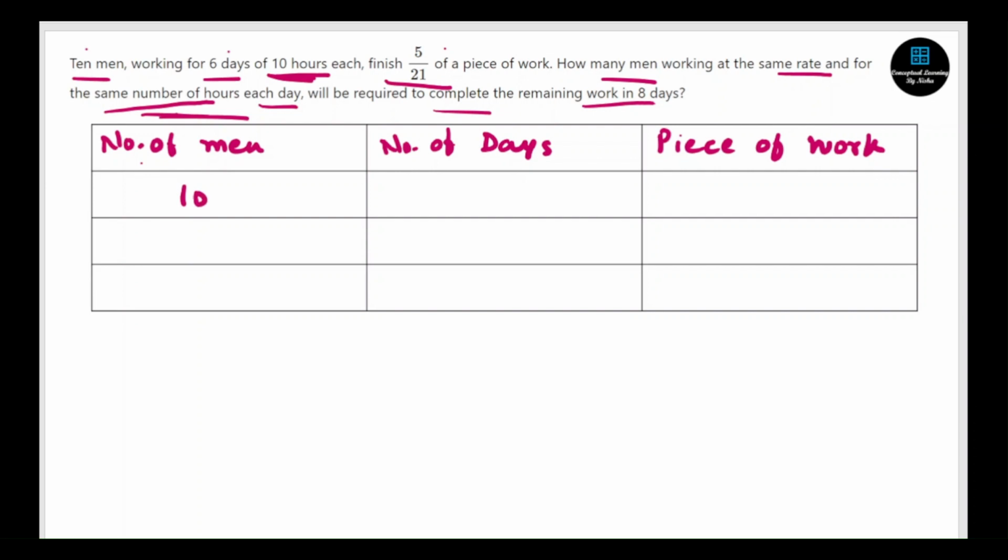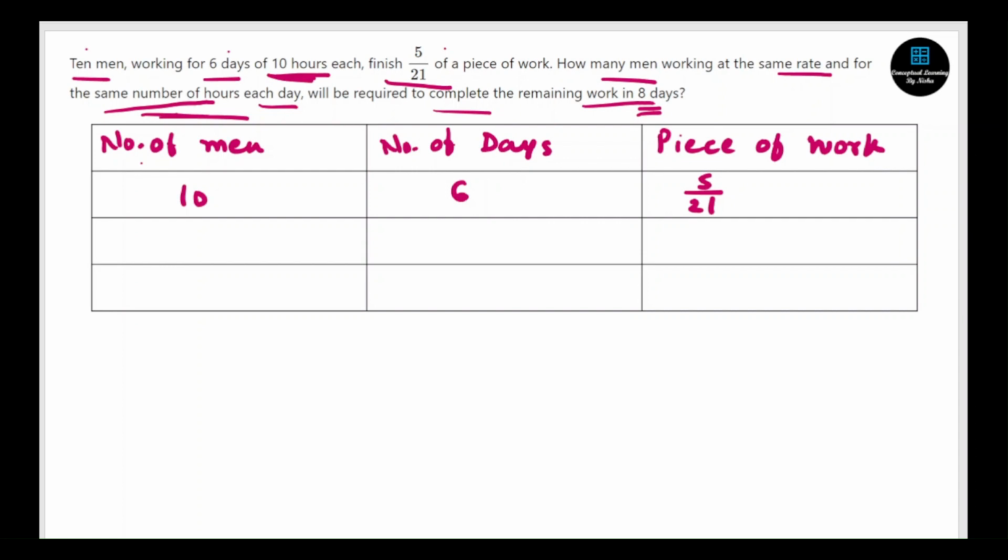10 men are working for 6 days and they complete 5/21 piece of work. Now we have to find for 8 days and the remaining work. So the remaining work is what?